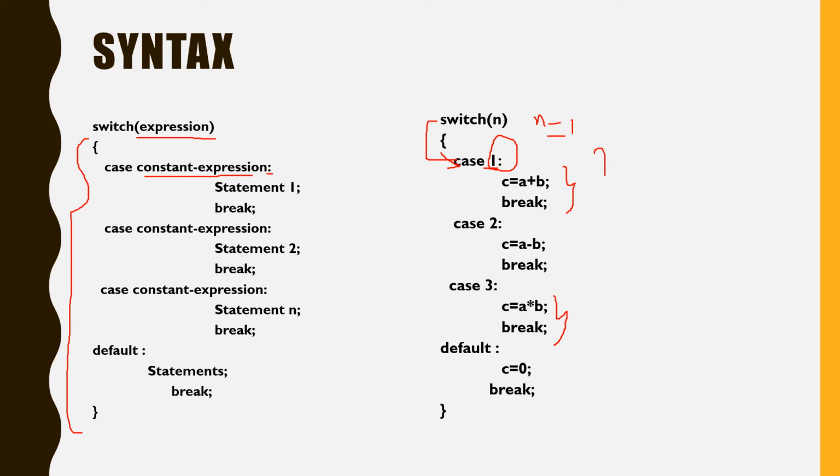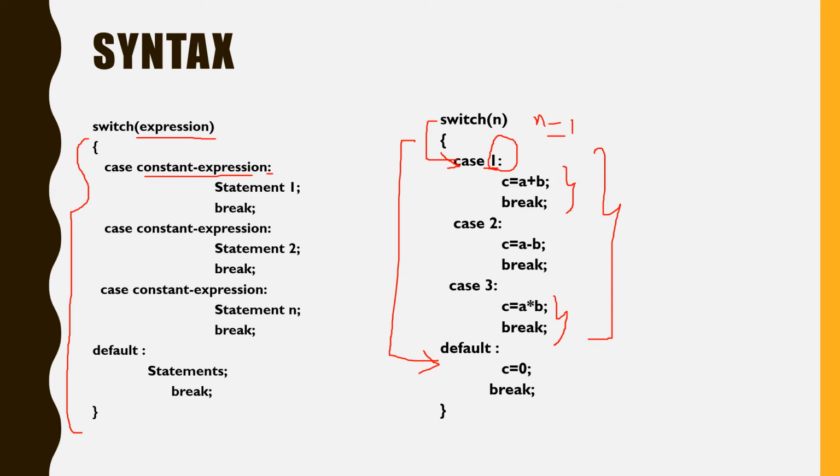Even if all these 3 cases are not executed, it means the conditions are not satisfied for these 3 cases. In such a case, your program control will come to the default section and it assigns 0 to the variable C, and then the break statement, so that your program control comes out of the switch statement.